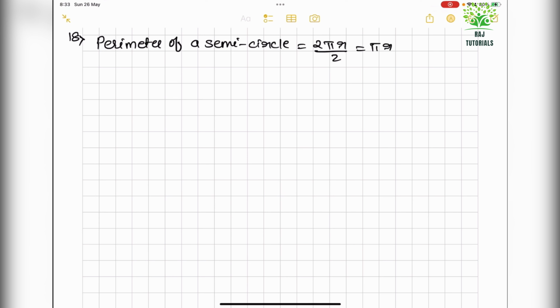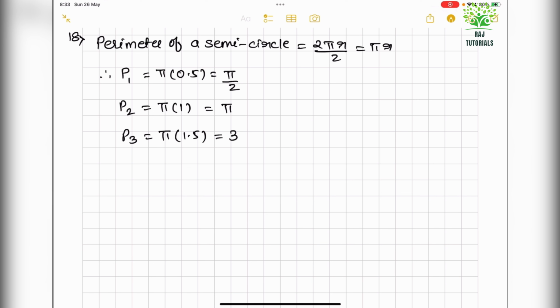Now, therefore, the perimeter of the first semicircle will be pi into 0.5. So that is pi by 2. Second it will be pi into 1. So pi. Third one it will be pi into 1.5, so 3 pi by 2 and so on.